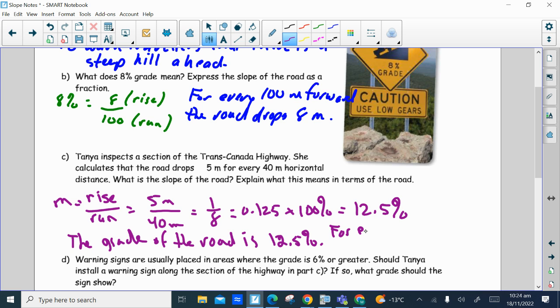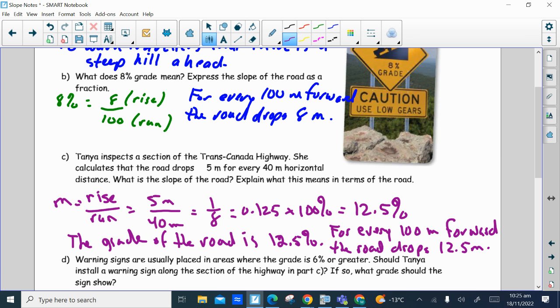So for every 100 meters forward, the road drops 12.5 meters. And that is the same ratio as 1 over 8. It's the same ratio of 5 over 40. Okay?